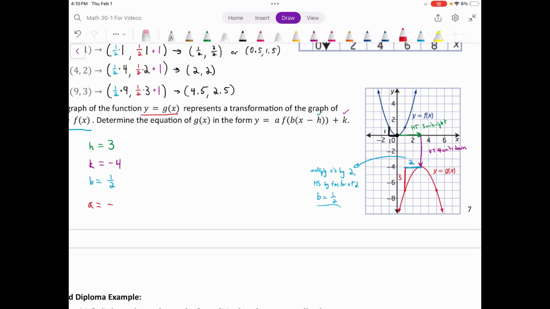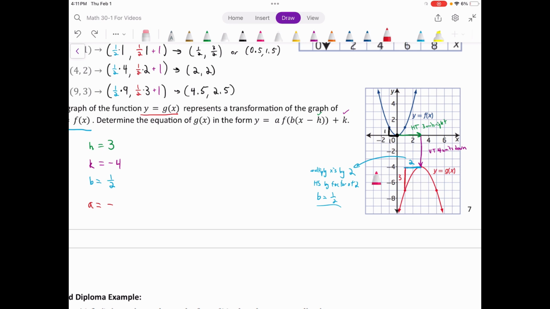Well, look, to get from this point to that point, we used to have to go up 1. Now we have to go down 3, right? So it used to be this was 1 unit tall and 1 unit wide. Now the same distance from corresponding point to corresponding point is 2 wide and 3 tall, right? 1 wide, 1 tall, 2 wide, 3 tall.